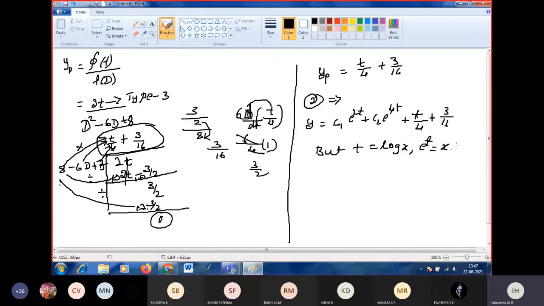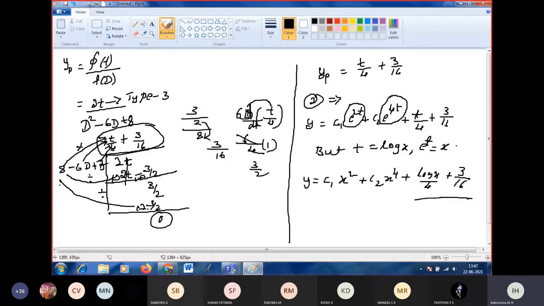So e power 2t can be written as e power t whole square, but e power t is nothing but x, so x square. e power 4t is x to the power 4. And t is nothing but log x. So y equals C1 x square plus C2 x to the power 4 plus log x by 4 plus 3 by 16. This will be your general solution.